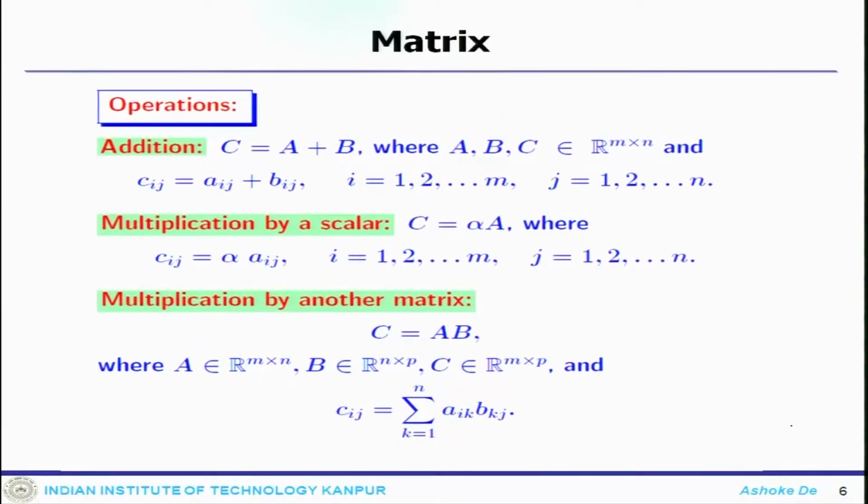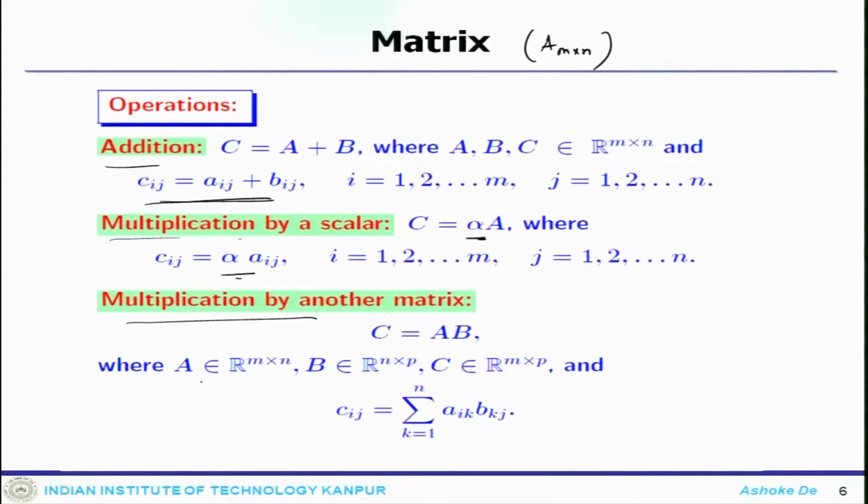If you look at the matrix operations, what we are talking about is A, m by n. You can have addition of matrices, where the elements can be added, which is very simple. If you have a 2 by 2 system, you add the other 2 by 2 system, and the corresponding elements are added. You can have multiplication by a scalar: each element is multiplied by that factor alpha. And then you can multiply by another matrix.